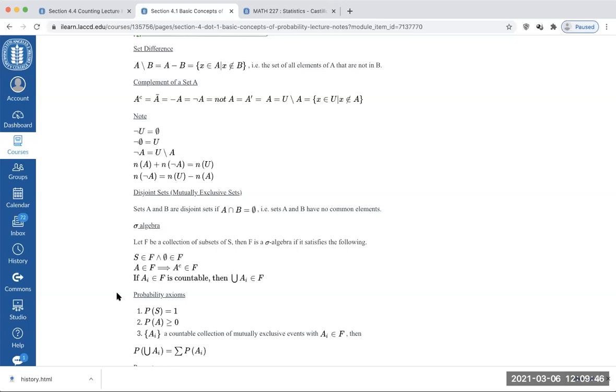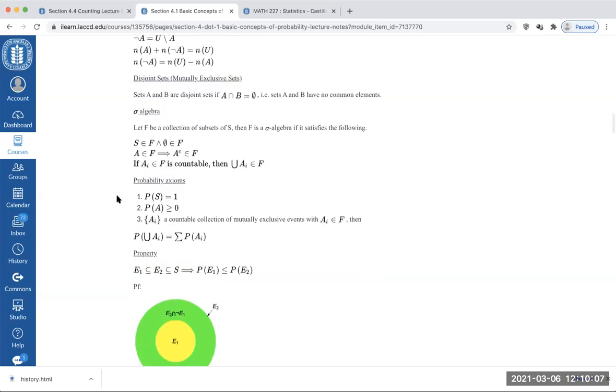So let F be a sigma algebra of S, where S here we're going to be calling the sample space. Then I have the following probability axioms, Kolmogorov's probability axioms. One, the probability of S is equal to 1.